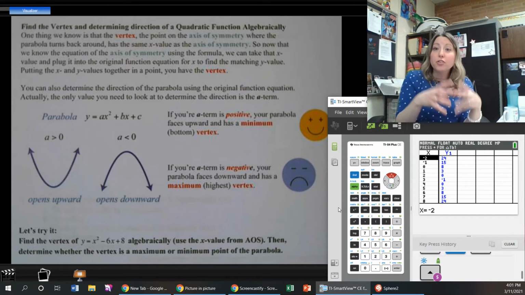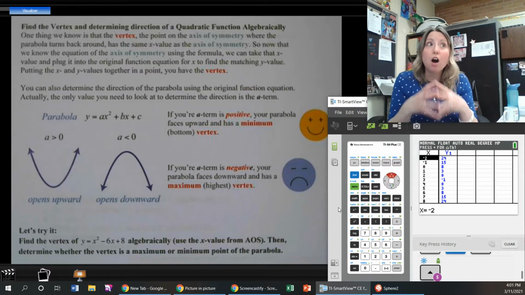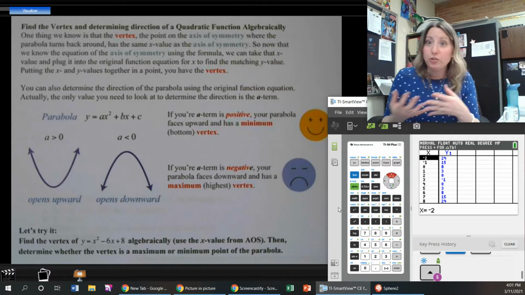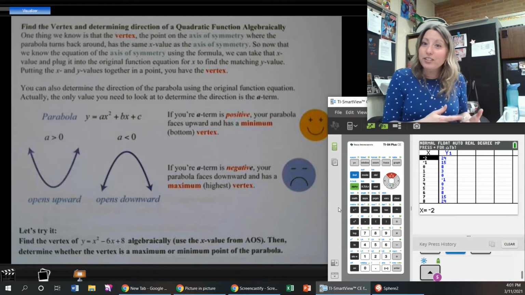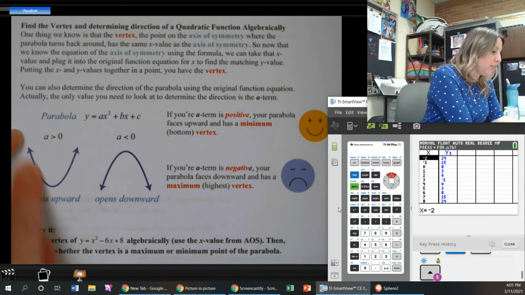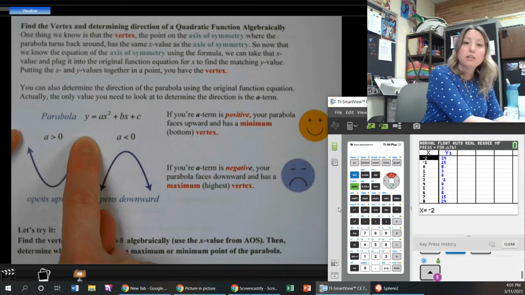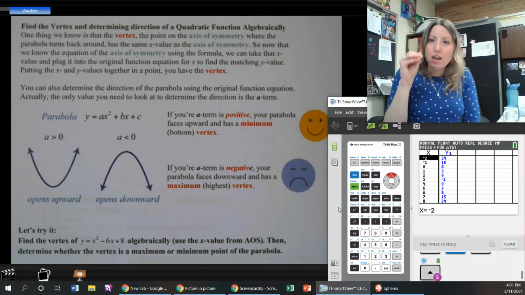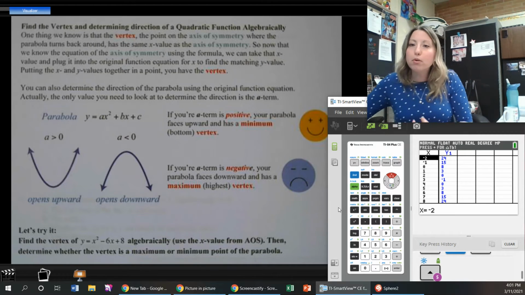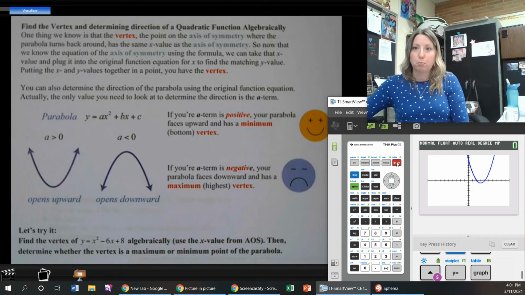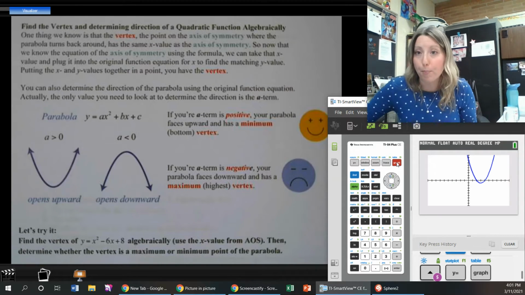Next, the other thing the equation of my function can tell me is if my parabola is frowny face or smiley face, right? I referenced that in lesson 1. A parabola that opens upward like this, I reference as smiley face, and there's a specific reason for that. If your a value, the number in front of your x squared, is positive, you're going to see a smiley face parabola or a parabola that opens upward.